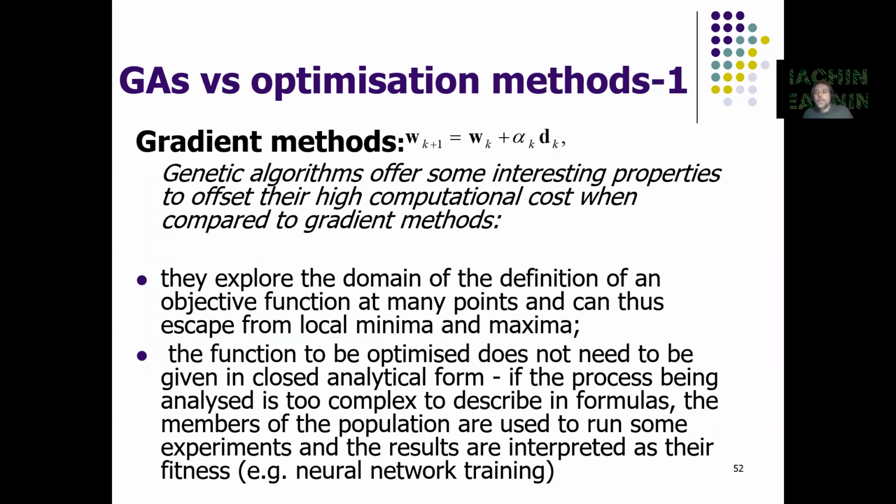It's interesting to make a comparison with other methods like gradient methods. And I talk about gradient methods a lot in neural networks, since most of the optimizers which are used in the different packages are basically stochastic gradient descent or standard gradient descent. So in gradient descent, basically the search is based on the concept of gradient.